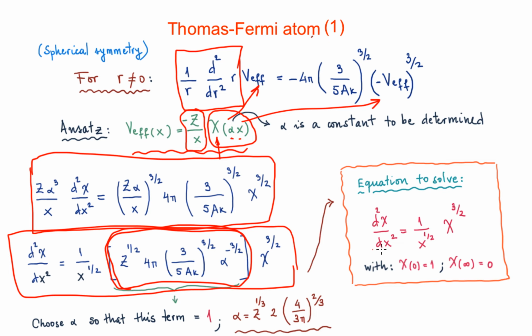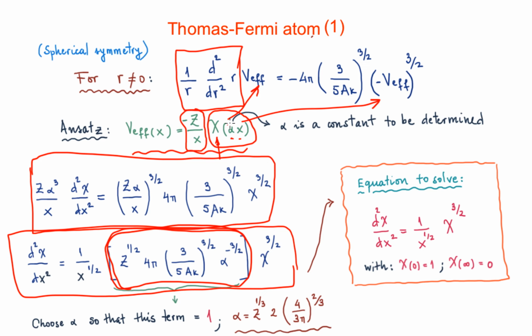So now we have the equation that the t function satisfies. Besides that, we have the boundary conditions. Of course, they are associated with the effective potential, but we can deduce them easily from the boundary conditions that correspond to the effective potential. It's easy to see that the boundary conditions for the t function are the following. t at 0 is equal to 1.